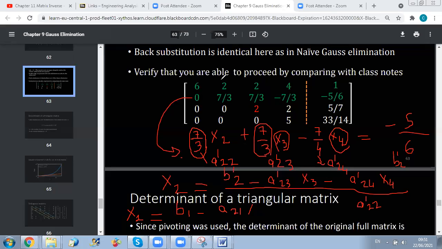When you do the naming, this is a11, this is a12, this is a13, and this is a14, and this is b1.